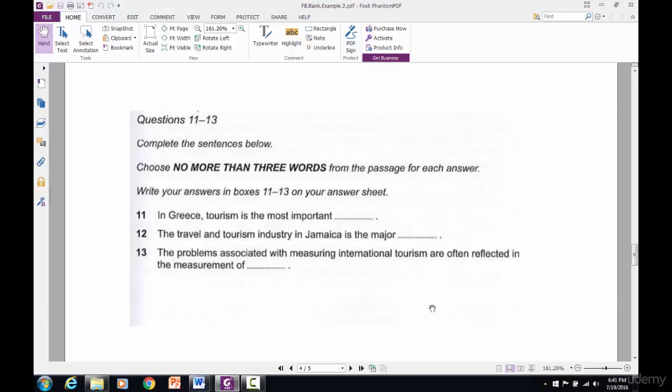When we find the sentence with Jamaica, we're looking for the words connected to major. Then for number 13, keywords are the word problem and international tourism, and our answer will be connected to measurement of. But first let's find number 11 and 12.